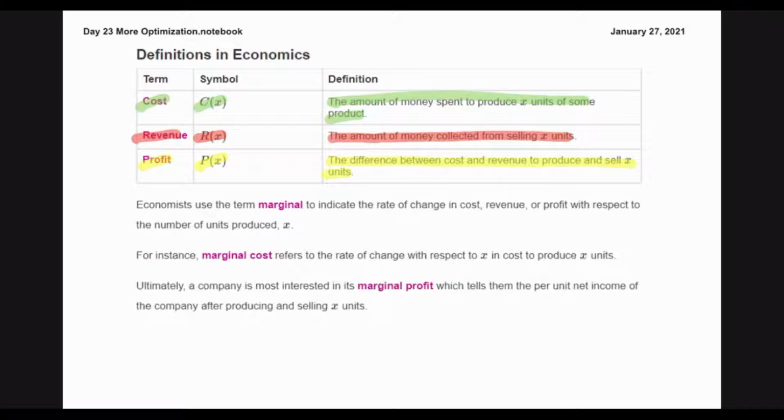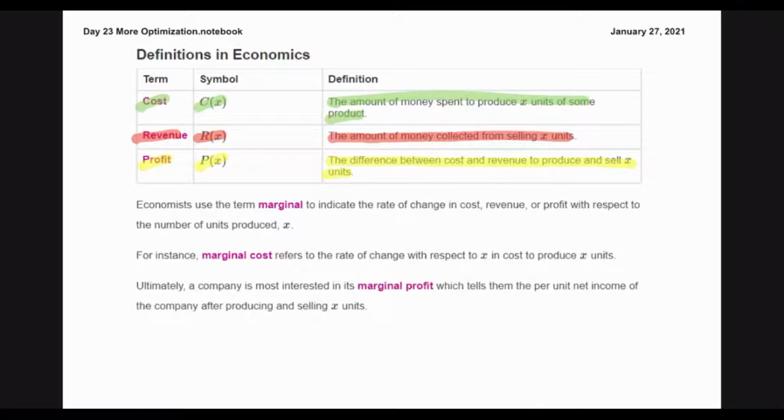For instance, marginal cost refers to the rate of change with respect to X in cost to produce X units. Ultimately, a company is most interested in its marginal profit, which tells them the per unit net income of the company after producing and selling X units. So how much money are we making per unit?